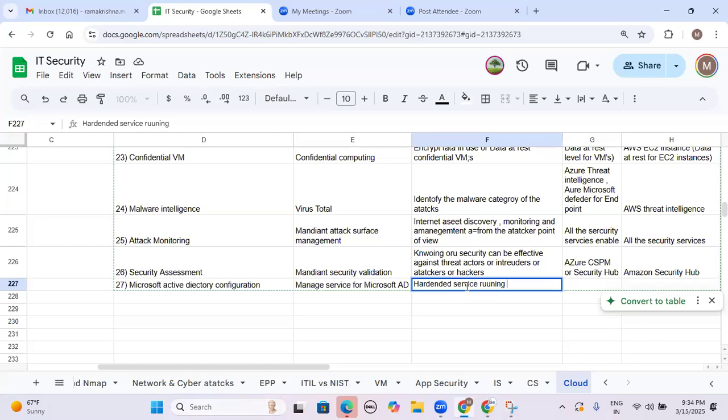Otherwise, we have more chances to compromise our Azure cloud resources or services or applications or databases, servers, everything, total end to end. So that is called the main service for Microsoft auditing or Active Directory.